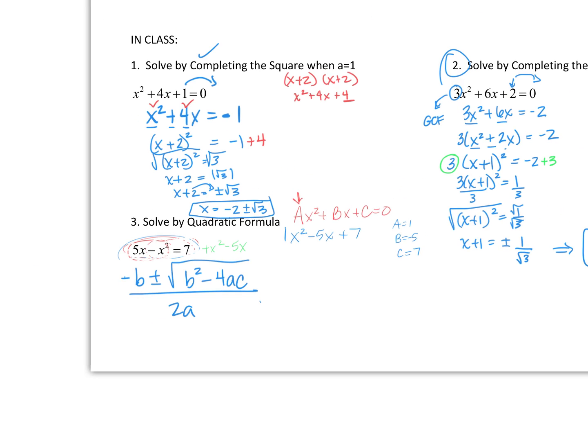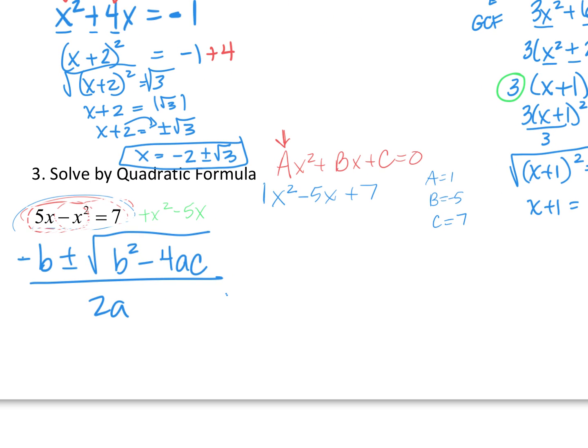Okay? Plug in, and we got this. All right, so negative B. 5 was already negative, so I'm going to make it positive. Plus or minus the square root of B squared minus 4 times A, which was 1, times C, which was 7, all over 2A.